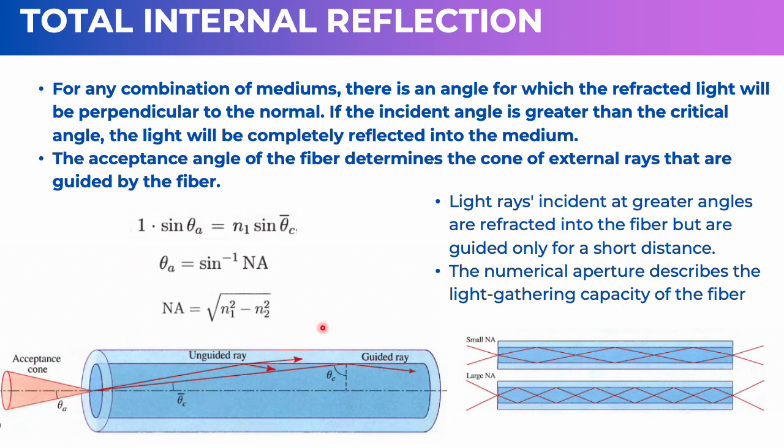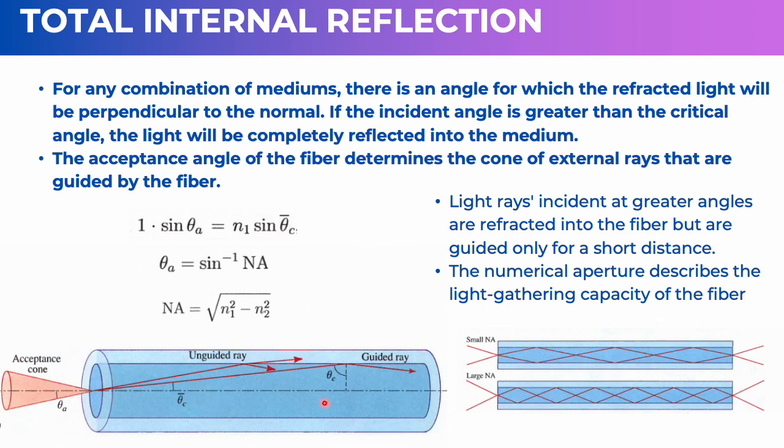On calculating, this is what we get. So the numerical aperture also describes the light gathering capacity of the fiber. So as we see here, if it has a small numerical aperture, the light would propagate like this, whereas in a larger numerical aperture, the light would have many more internal reflections throughout the fiber.